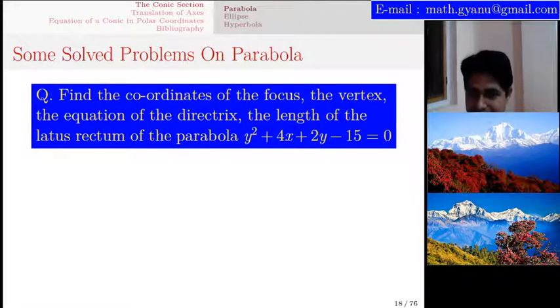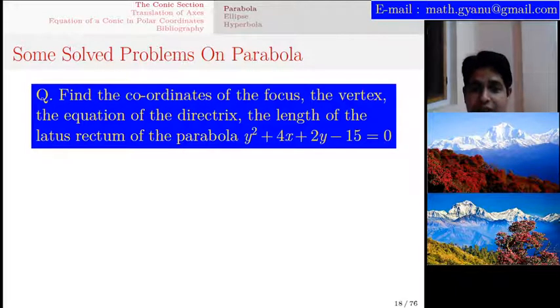First of all, think: here the degree of y is 2 and the degree of x is 1. So the equation of the parabola will be one whose axis is a line parallel to the y axis or x axis.